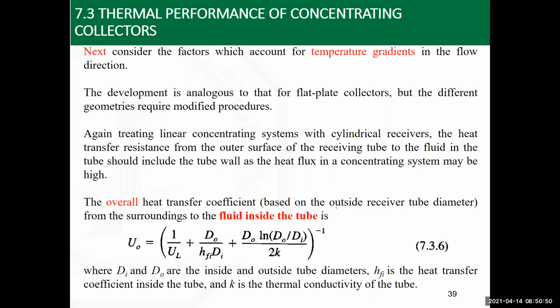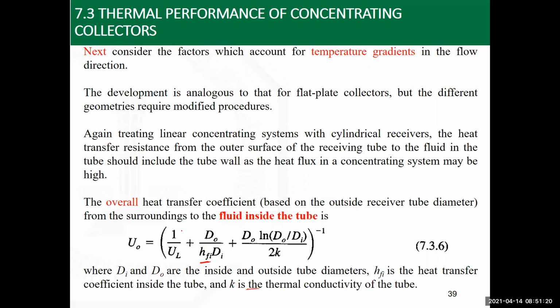So we need to come up with a total loss coefficient that takes care of the losses on the inner side, from the heat transfer coefficient for the inner surface, as you can see here. This takes care of convection inside, and this is conduction through the material from the inner to the outer.